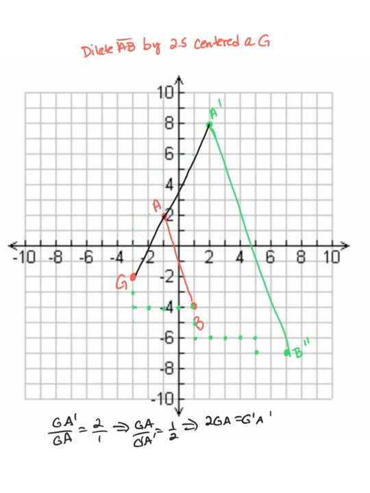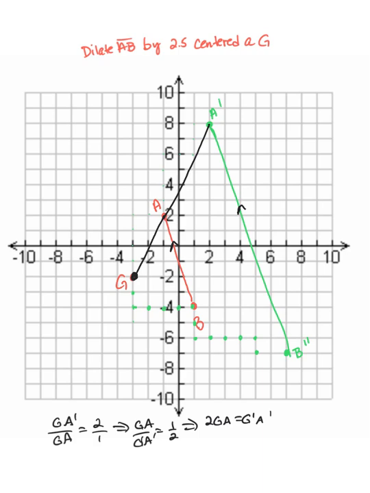Okay, things like that. One of the things you want to know about this is that these are parallel. So when the center of dilation is off of the segment and you get the image, you're going to end up with a parallel segment.